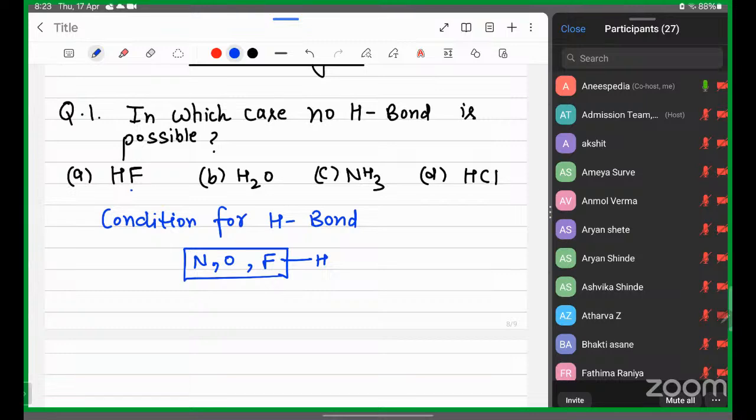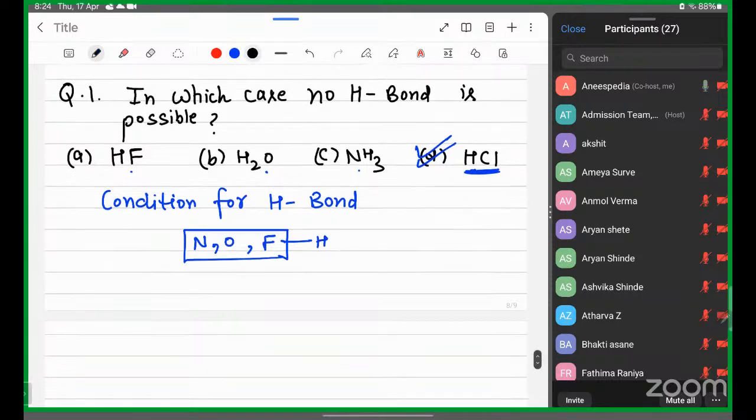H2O also has hydrogen bond. Ammonia will also form hydrogen bond, but there will be no hydrogen bond in case of HCl, because here hydrogen is connected with Cl, not with F, O or N. So correct option will be D. Understood?